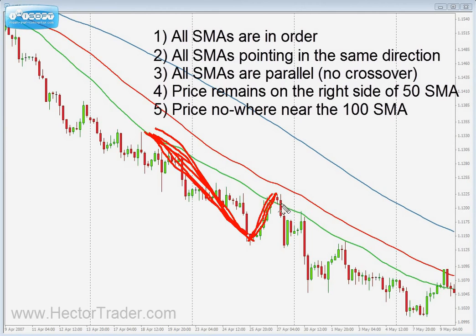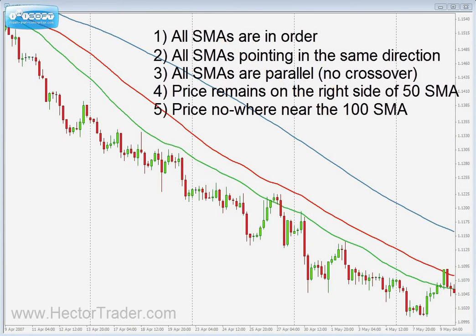If we were to reach the 100 simple moving average, that means that the pullback would have been, in most cases, quite as long or almost as long as the previous thrust, as the previous swing in the direction of the trend. And that's not a healthy indication. That's never good.